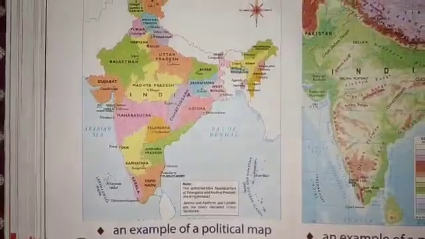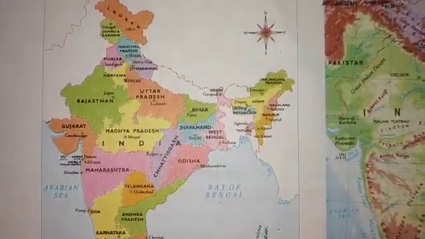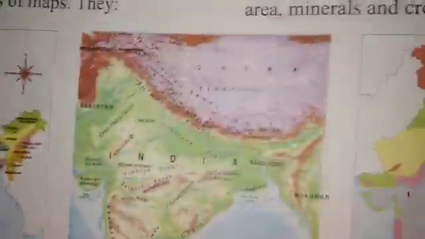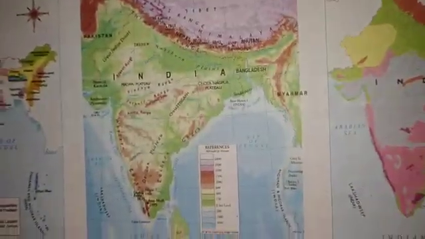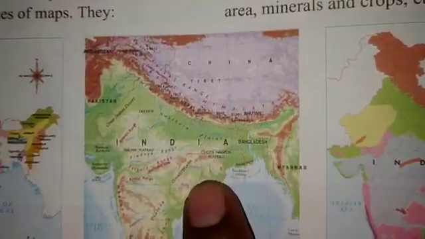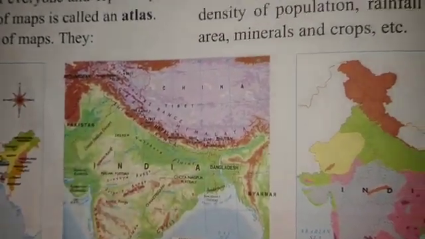Now we can see here the example of the political map in which we can see the boundaries of the states and the country along with the states' names and the rivers. This is the physical map in which we can see the mountain ranges, the plateau regions and the plain areas.